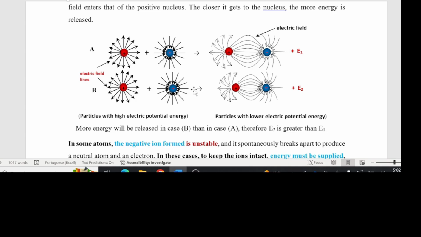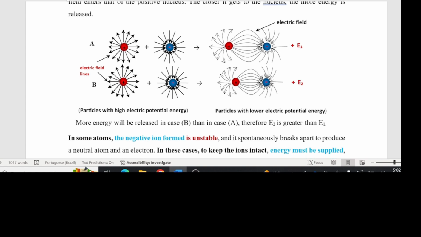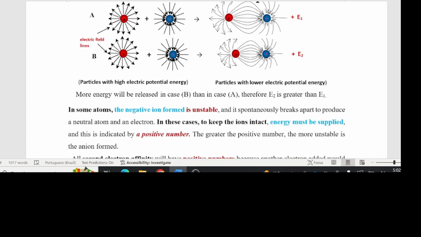Now, if we bring these charges a little bit closer together, you get a different amount of energy released, E2. And in this case, E2 will be greater than E1 because the charges are coming closer and closer together. So the point to note is that the closer a positive charge comes to a negative charge, the more energy is released.